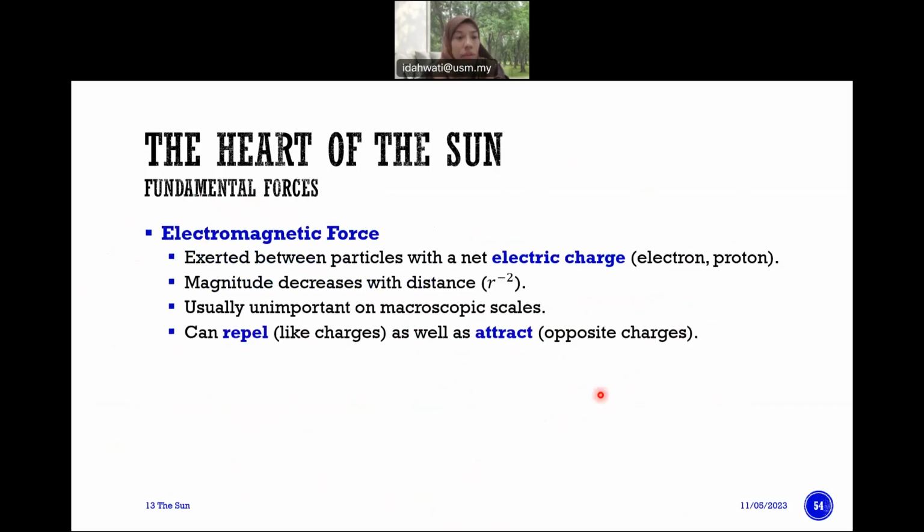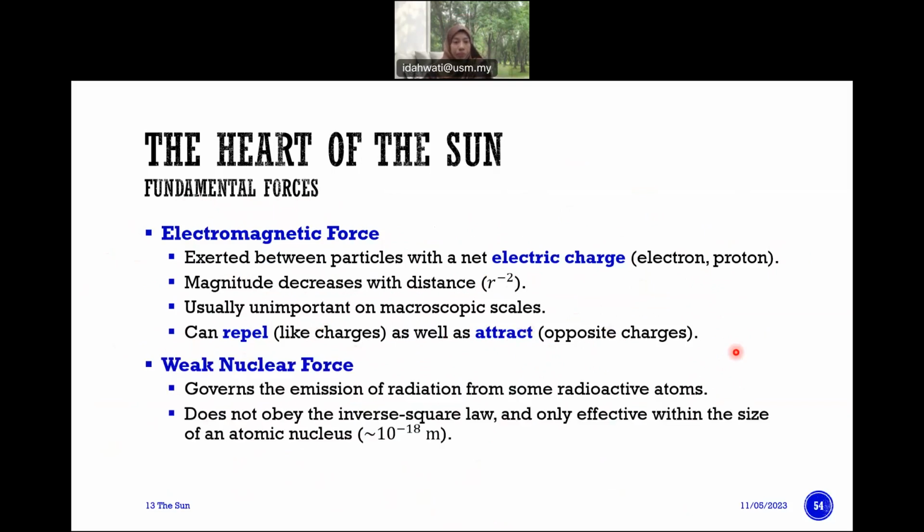its attraction. For the electromagnetic force, we have electric charge, electron, proton, and the magnitude decreases with distance. It is usually unimportant on microscopic scale, and can repel as well as attract, like charge and opposite charge.